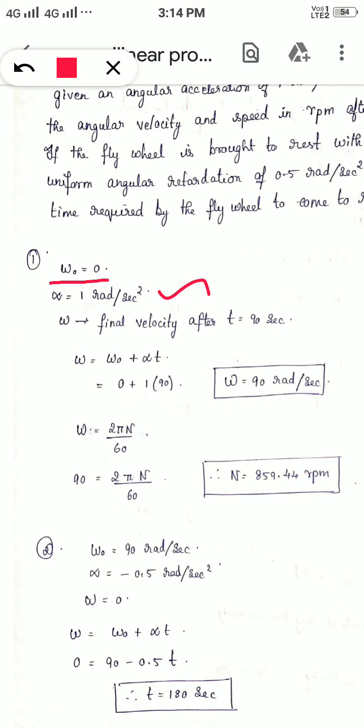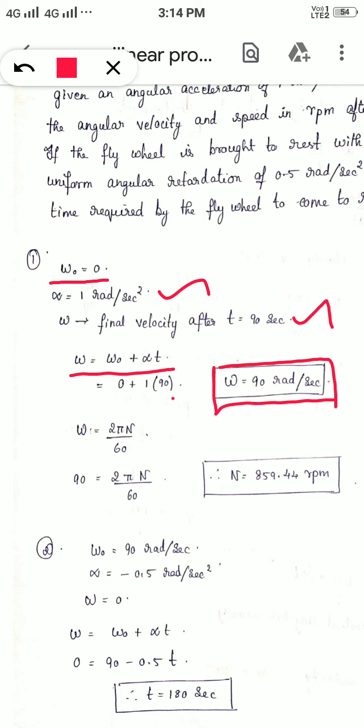Alpha they had given as 1 radian per second square, and t is equal to 90 seconds. These three come under one relation, that is w is equal to w naught plus alpha into t. With w naught as 0, alpha equal to 1 and time equal to 90, we get w is equal to 90 radian per second.